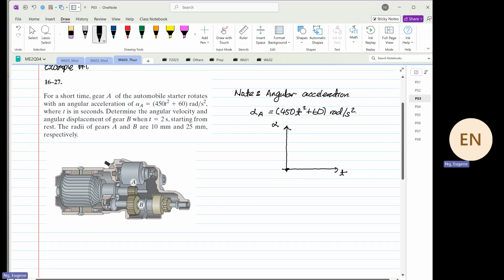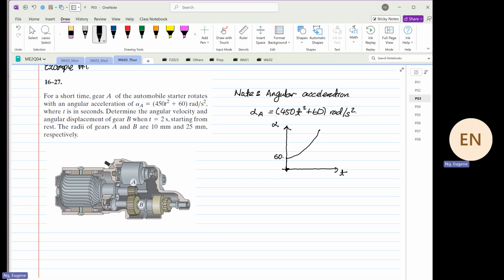Once it has value, I'm just going to sketch a general trend. It's going to look like this. You intercept at 60, am I right? So this is 60, and this is how the sketch will look.